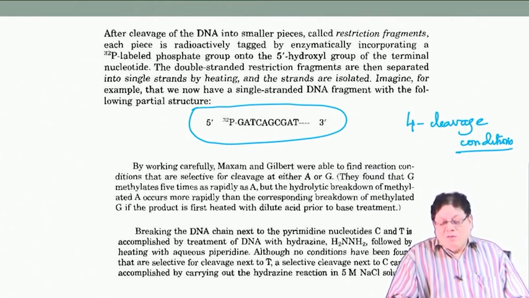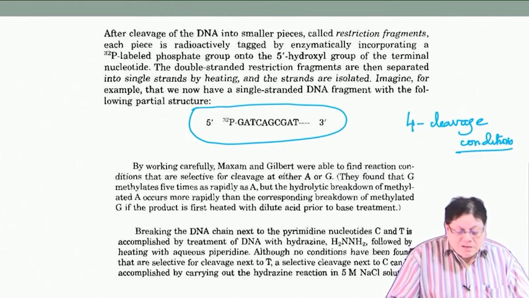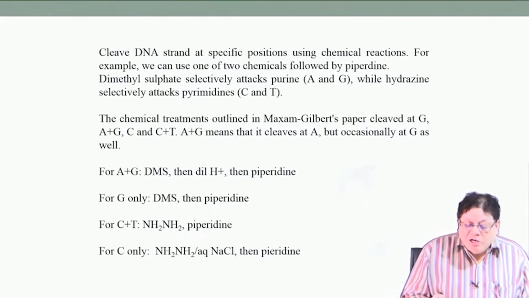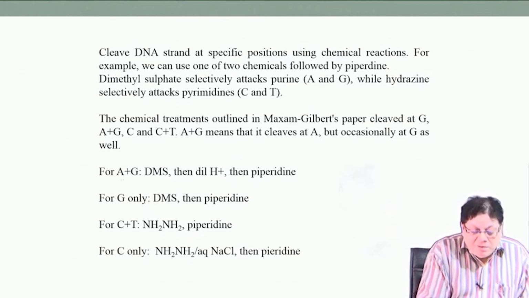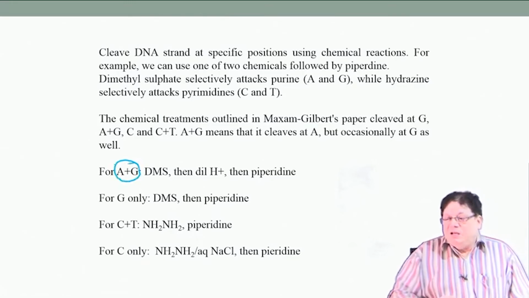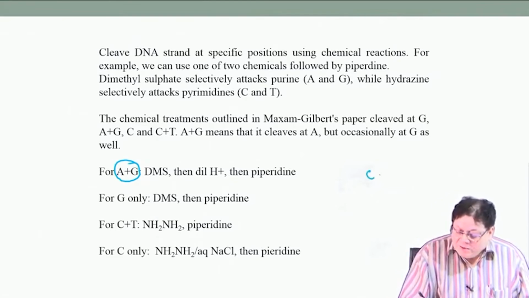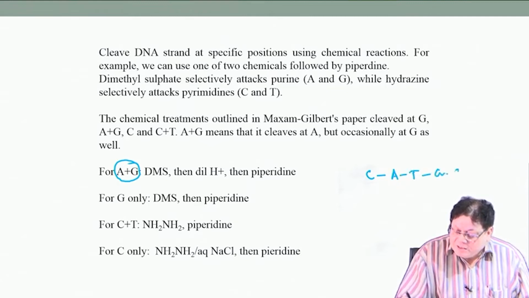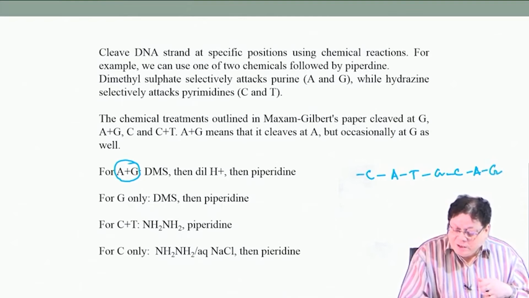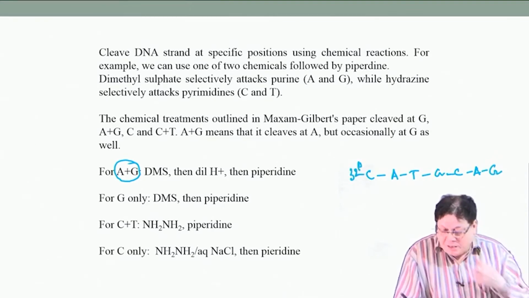One condition, maybe next slide, is where wherever there is A and wherever there is G, you get a cleavage. So, suppose you have a sequence like this C A T G C A G, and this is your 32 labeled phosphorus here. Okay.